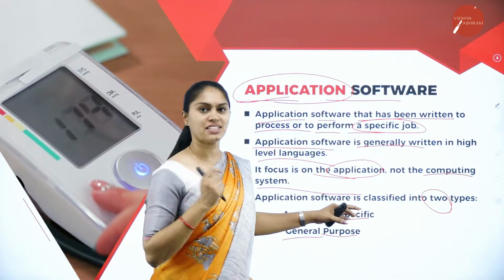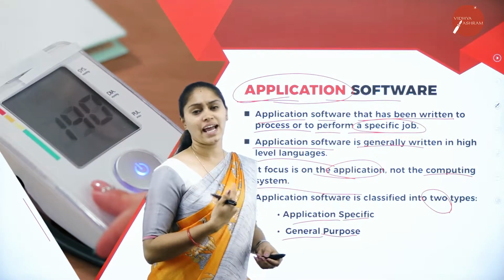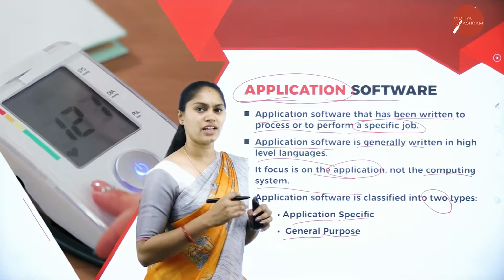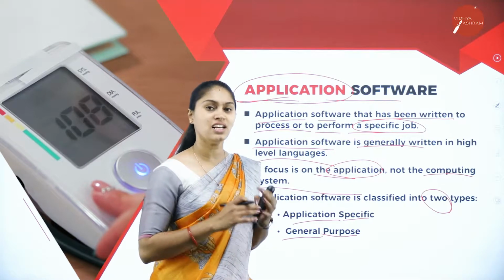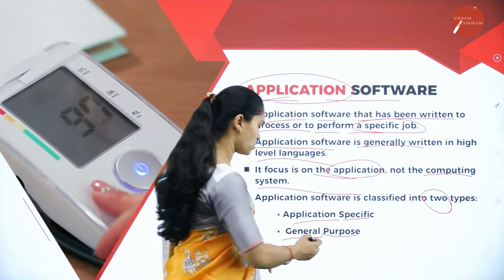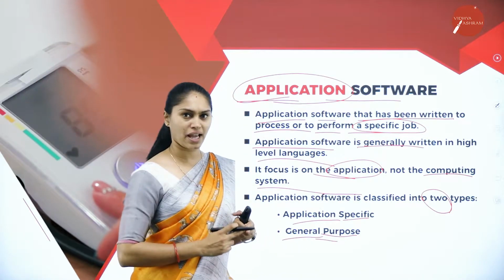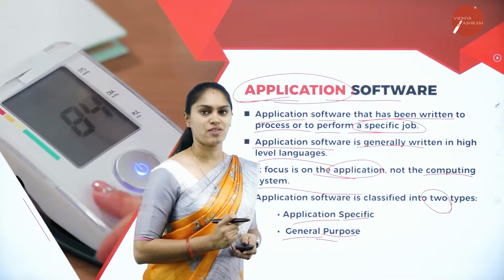If you are building application software to use as general purpose, then it is termed general purpose. So two types: general purpose and specific purpose.